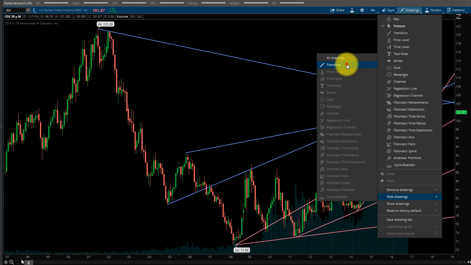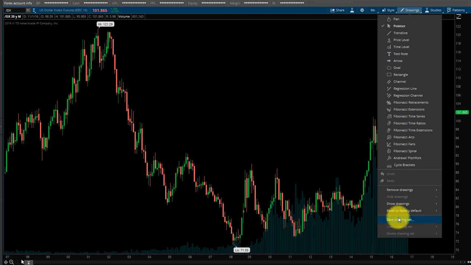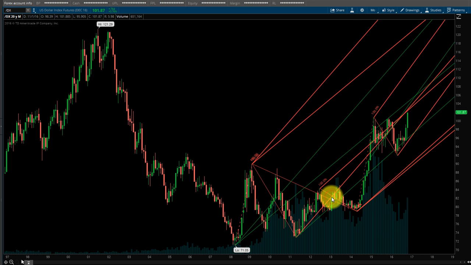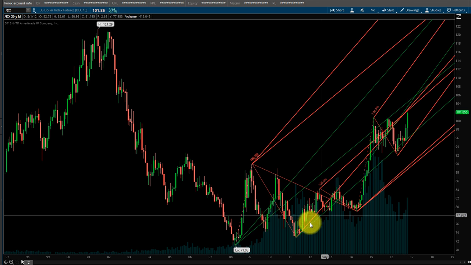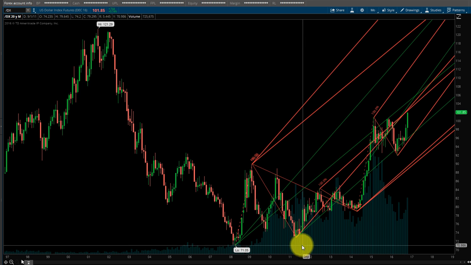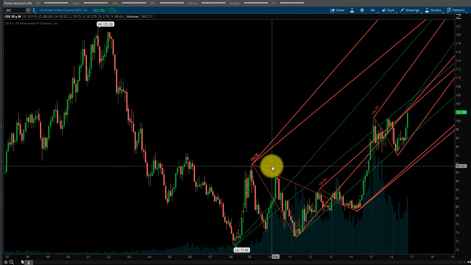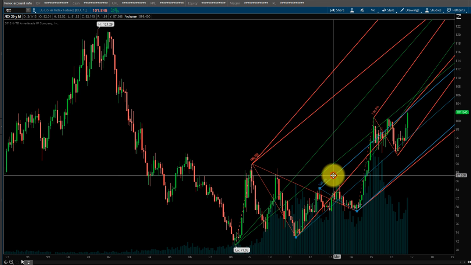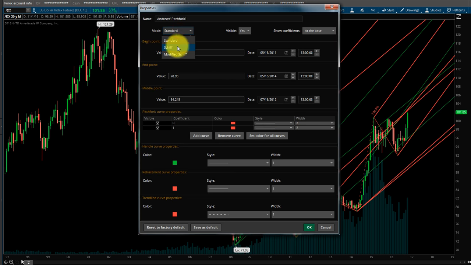let's hide this. The last thing I do is the Andrews pitchfork. I normally get them from different swing points, and I modify them from the standard, the Schiff, and the modified Schiff.